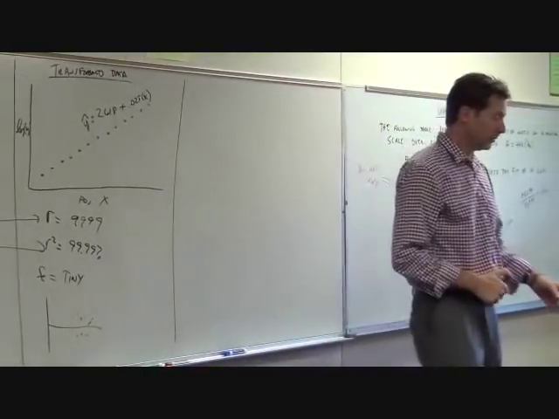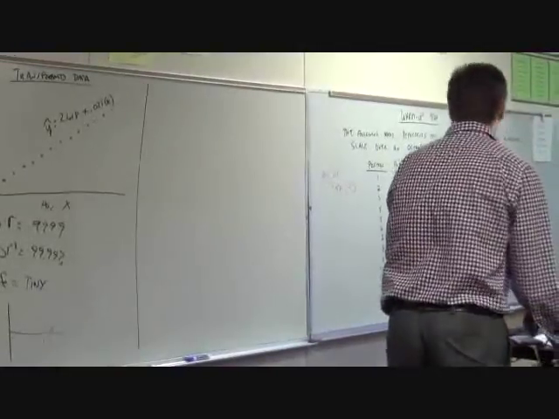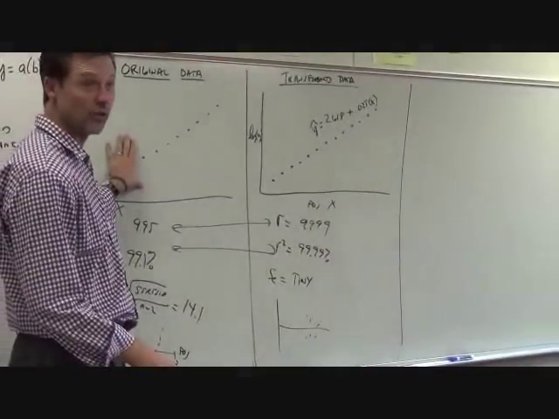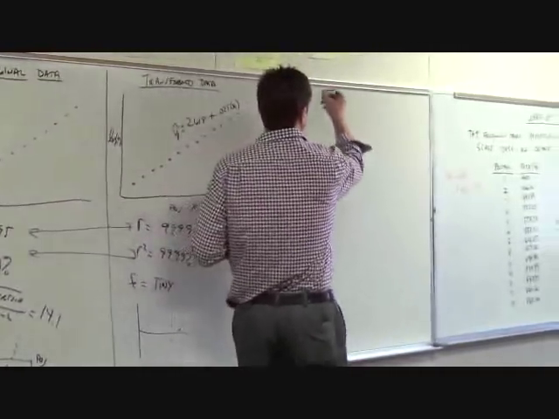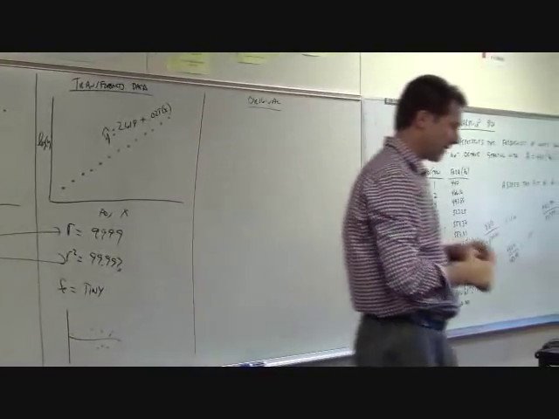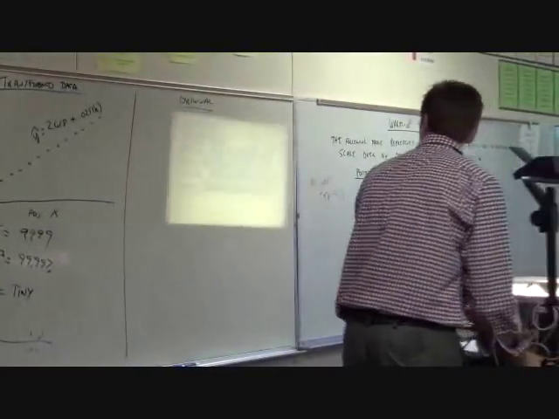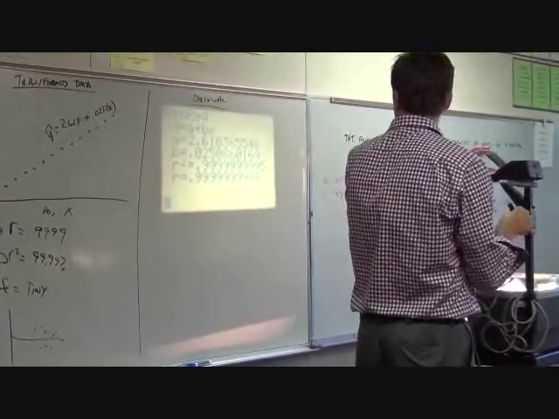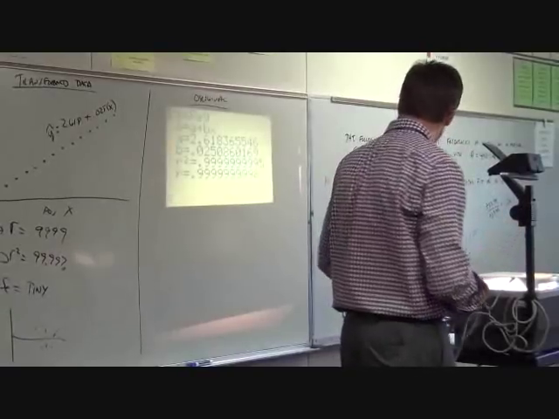Now, what I want to do is find the equation that doesn't fit this transform data. I want to find the equation that fits the real data, the original data. So now we can go back to the original. Okay, I'll show you that graph again. On tonight's homework, you're going to have 3 columns like this, and you're going to go through all these steps.